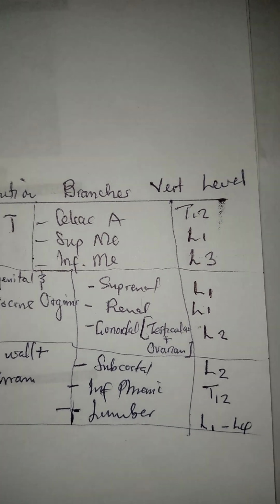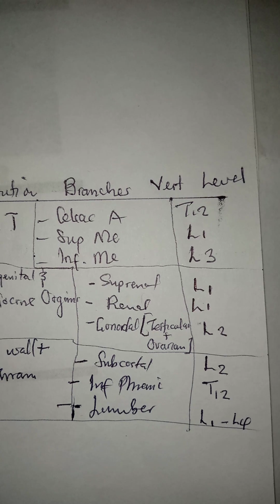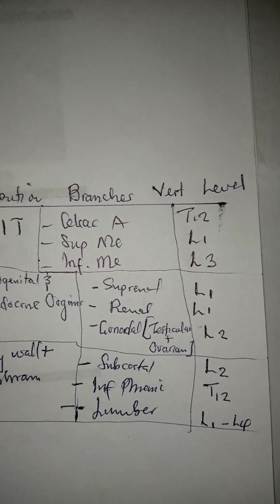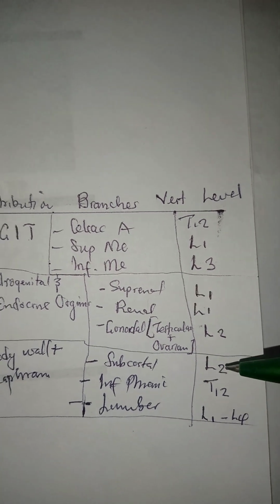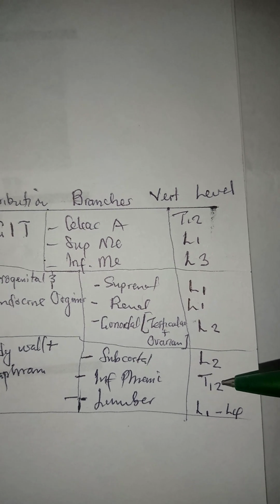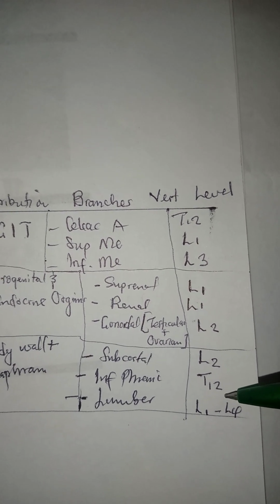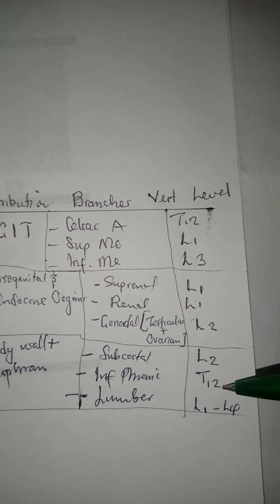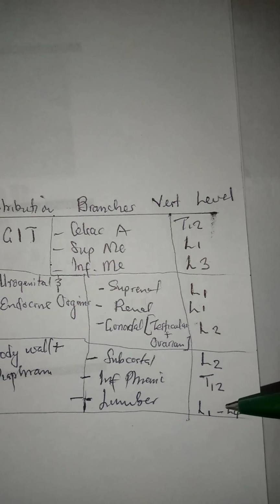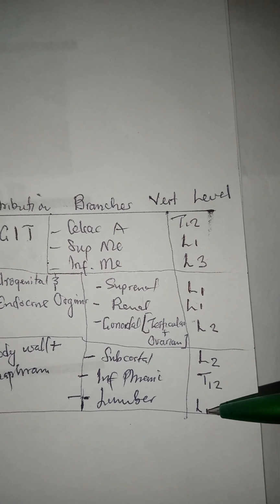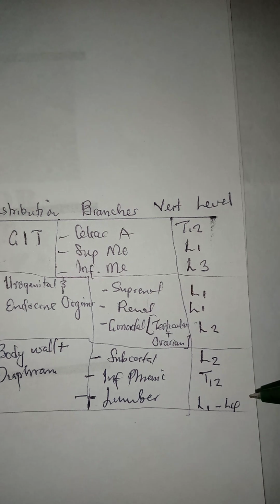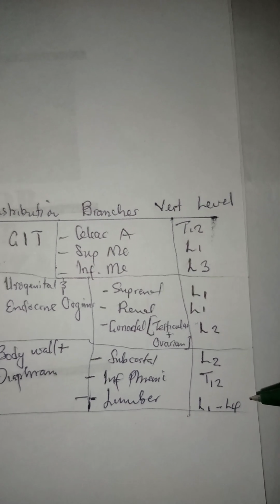The subcostal artery lies at the level of L2, the inferior phrenic artery lies at the level of T12, and the lumbar artery lies at the level of L1 all the way to L4.